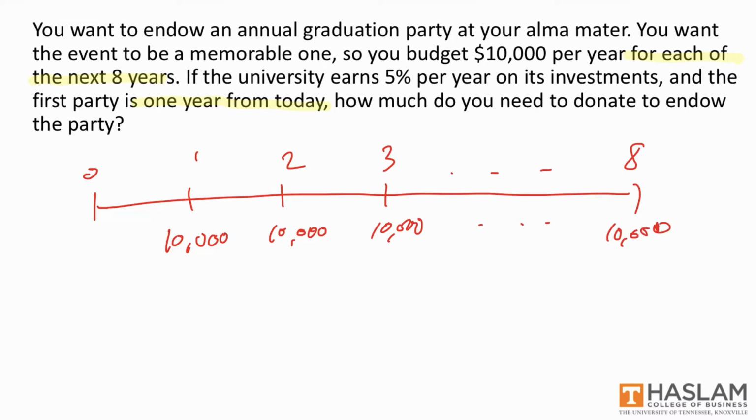Note that in contrast to the perpetuity, this timeline ends 8 years from now. Okay, from here we could go straight to our basic present value of a series of cash flows formula and do the calculations.